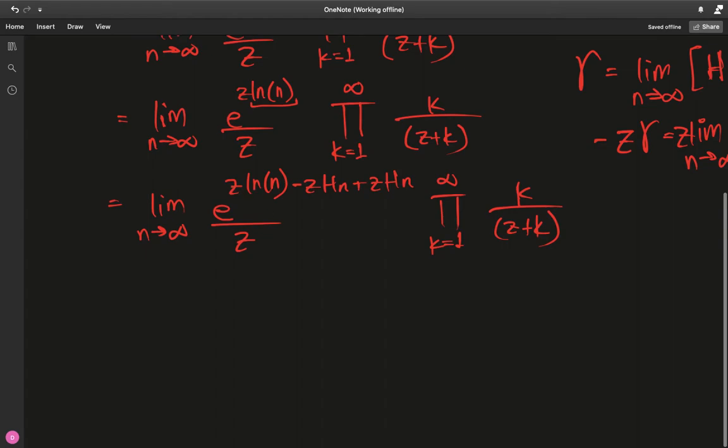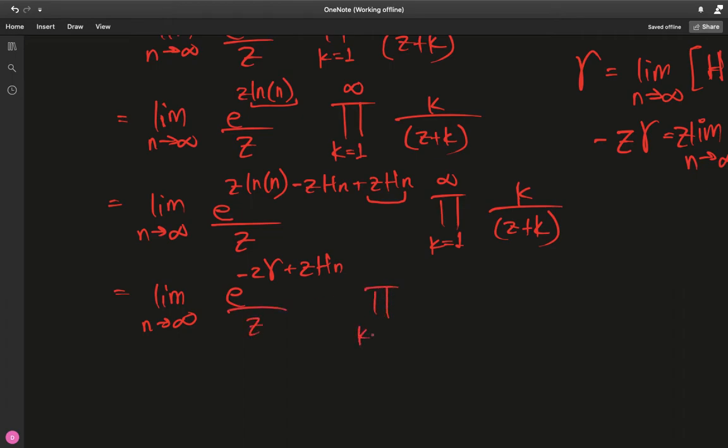So notice, factoring out the z, we have natural log of n minus the nth harmonic number in the limit as n goes to infinity. So on top we just have the limit as n goes to infinity of e to the negative z times the Euler-Mascheroni constant plus z, this was unchanged, plus z times the nth harmonic number over z times the product from k equals 1 to infinity of k over z plus k.